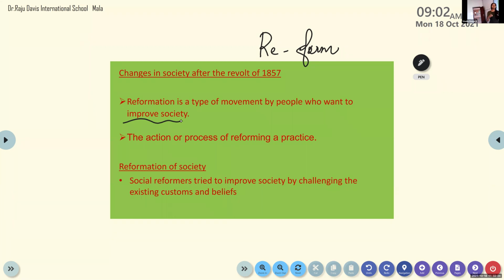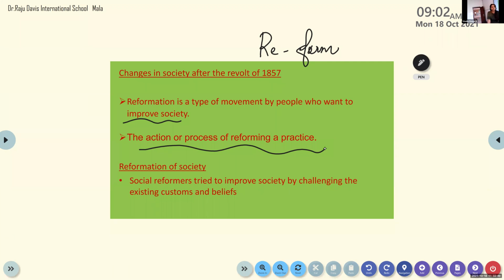They were believing in some customs and practices, purely religious beliefs. So they wanted to reform the society. Reformation is the action or process of reforming a practice, changing. They all wanted to change the existing systems and customs.